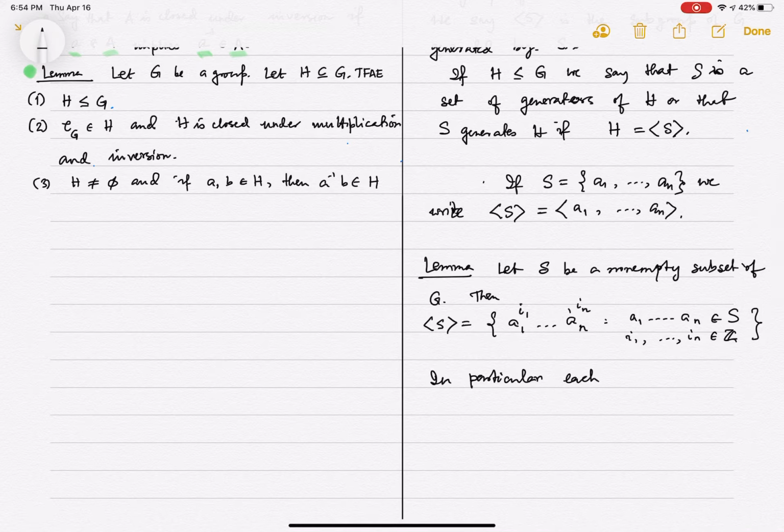Yeah. So in particular, each A in G generates a cyclic group, angle bracket A, which is just all powers of this element.